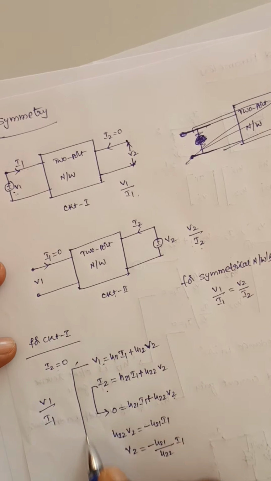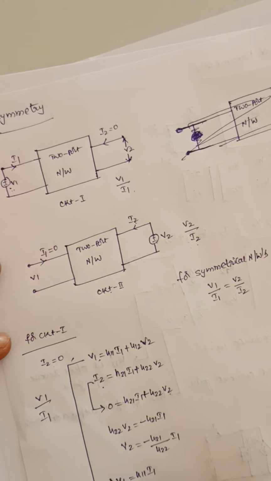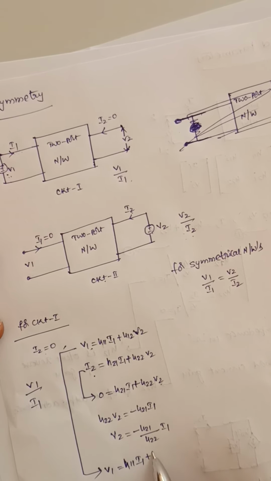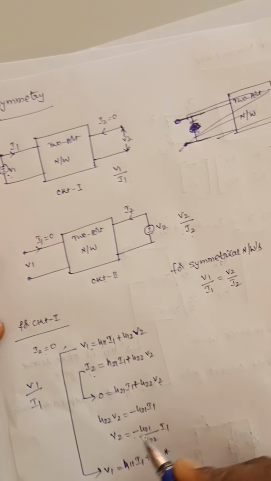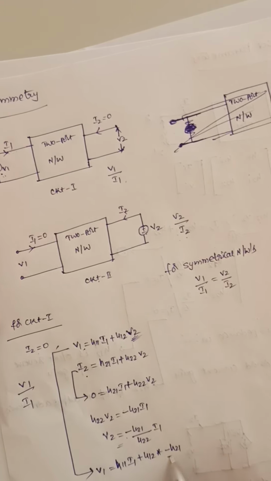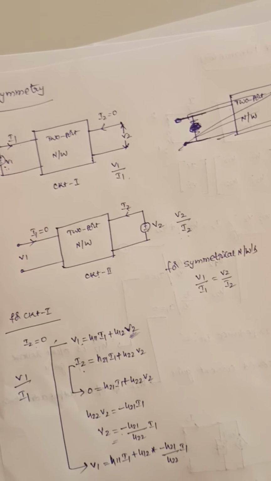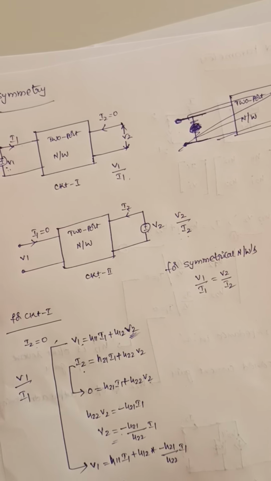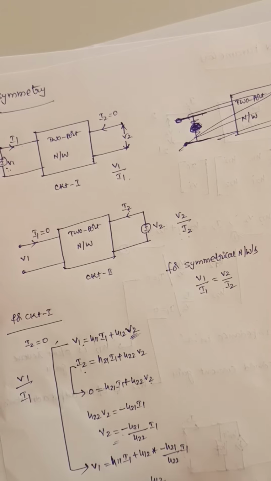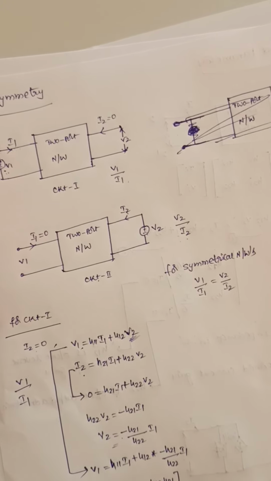So from this equation, you substitute here V1 is equal to H11 I1 plus H12 into V2. In place of V2, you replace this with minus H21 divided by H22 into I1. So this is H11 H22 minus H12 H21 divided by H22 into I1.